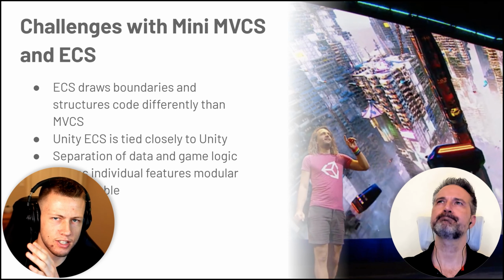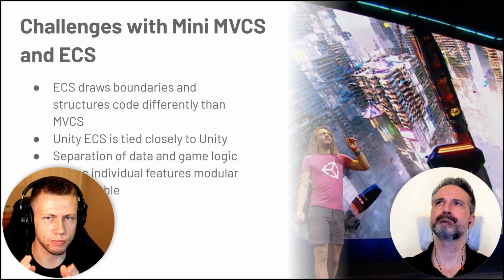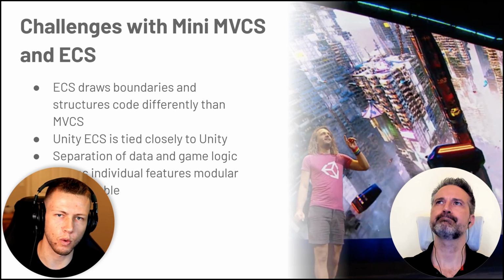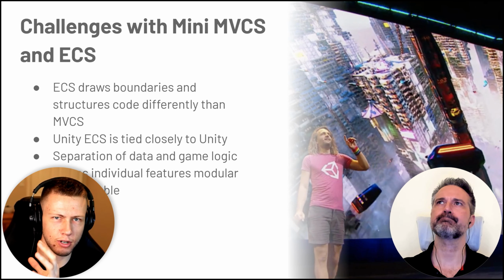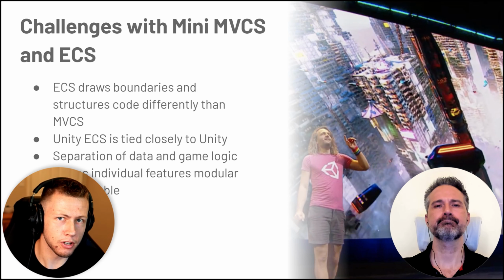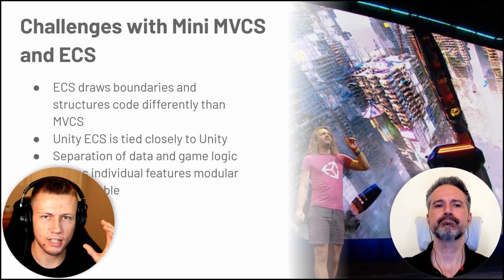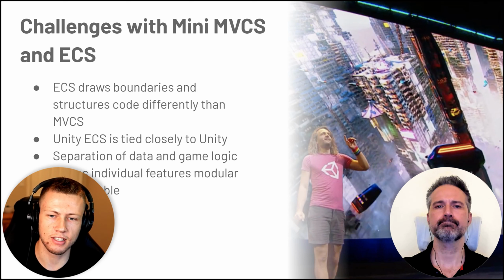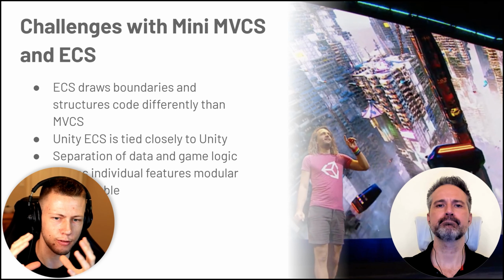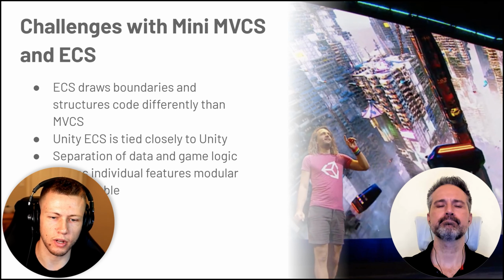So we're still separating things out, but we're drawing those boundary lines in a little bit of a different way. So it seemed a little bit difficult to combine those for some of the core gameplay systems. Maybe there is a way that we could have, say, MVC working side by side with Unity ECS. But just for these sample projects, it seemed a little bit difficult to combine those all together into one.